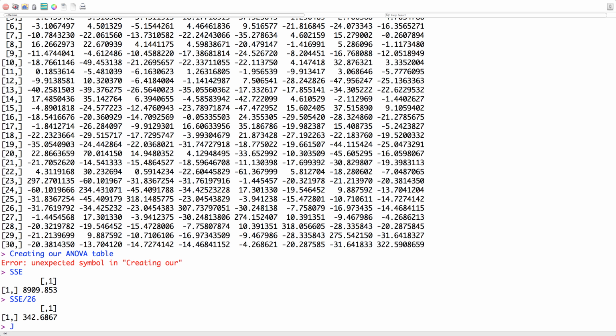So guys, just remember the J matrix is a matrix of just all ones.